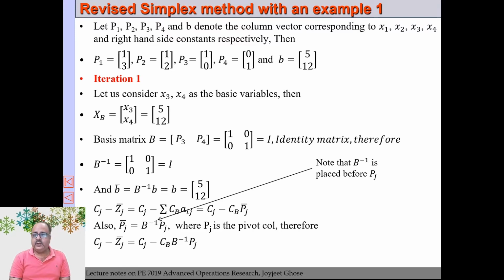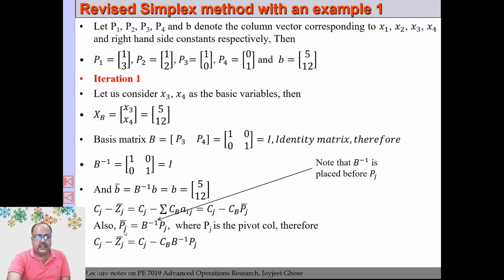Now the question arises, why is Cb a row matrix when every other matrix is a column matrix? Cb is a row matrix by design; only then will we be able to get the value of Cj minus Zj.